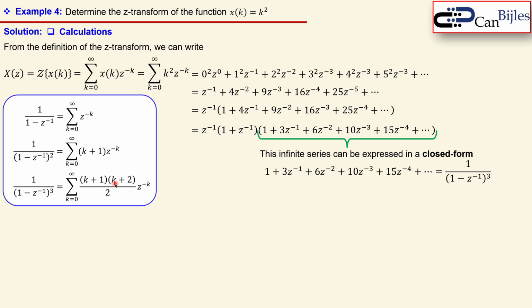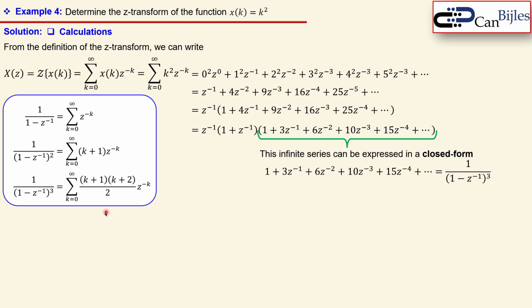k plus 1 times k plus 2 over 2. I go one by one. When k is 0, that means 1 times 2 over 2, and then 0 to the power 0, so that means 1. That's the first term. Then I make k 1: 1 plus 1, 2 times 3, 6 over 2 will be 3, and then 0 to the power minus 1, that's this 1.